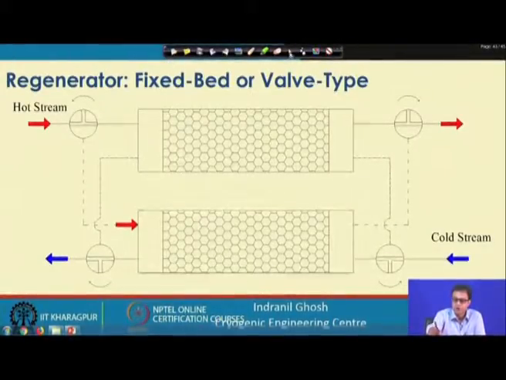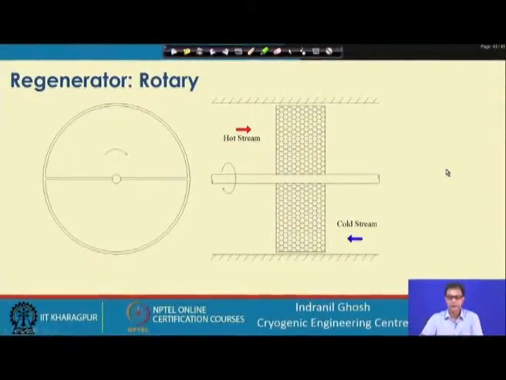Now, looking into the other type of regenerator, this is called a rotary regenerator, where the regenerator matrix is not in a fixed position, rather it is rotating.